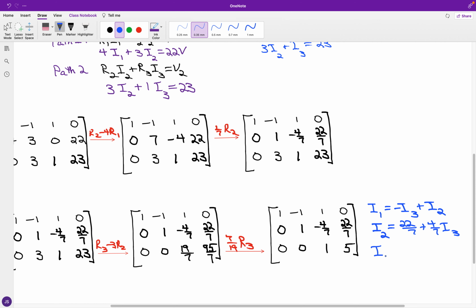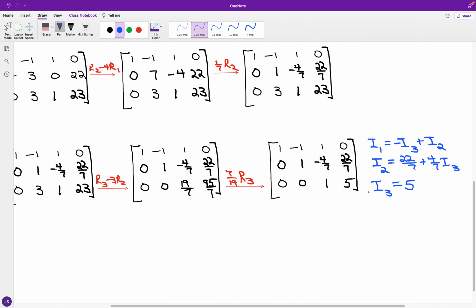And I already have established that I of 3 is equal to 5. Okay, so looking at back substituting, I have I of 3 is equal to 5.